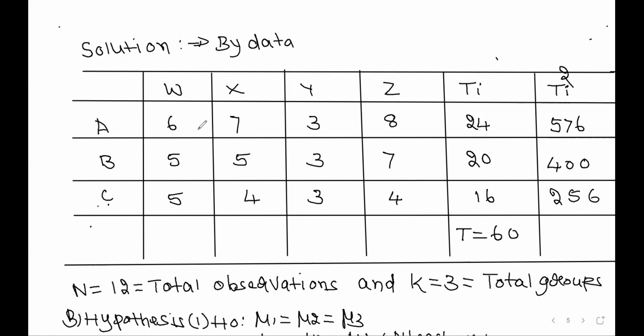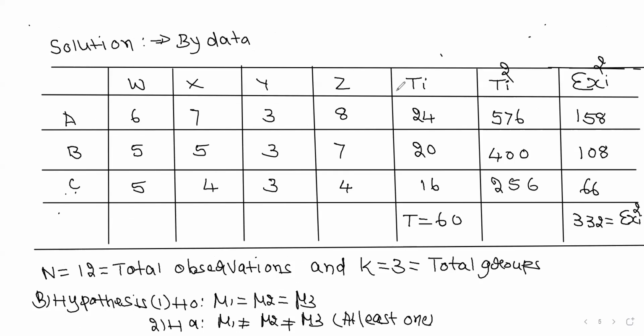And enter the values: 6, 7, 3, 8 are A's readings, B's readings 5, 5, 3, 7, and C's readings 5, 4, 3, 4. Now, you have to do the Ti calculation.